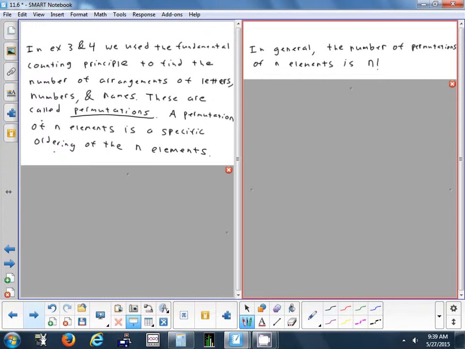So if I had 3 markers and I want to know how many different orders I can put black, green, and blue, you can just think of it as a letter problem. Black and blue have the same letters, so that'd be confusing. But ABC, how many different ways can you arrange ABC? It's the same idea. It would be 6 ways.